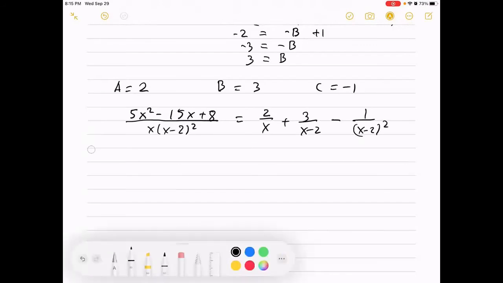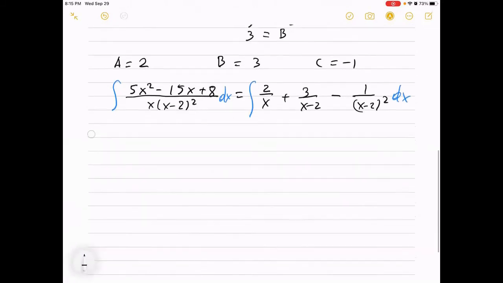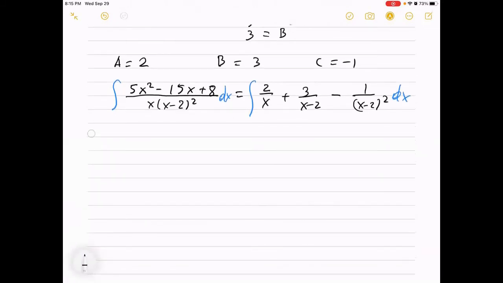Now, if I want to integrate the left side, it's the same as the integral of the right side. And the integral on the right side is not difficult to find.